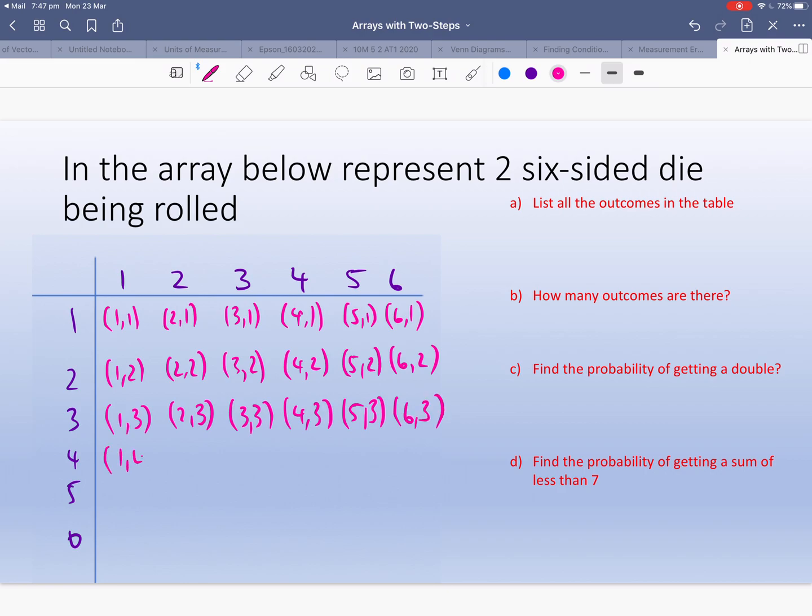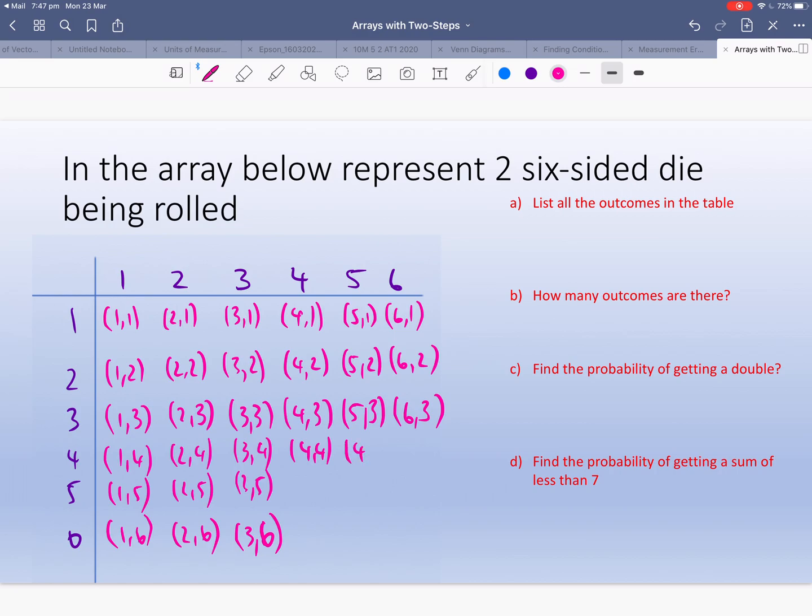And we go 1 4, so we can go either way. And 1 6, we go 2 4, 2 5, 2 6, 3 4, 3 5, 3 6. In all of these, there's a certain pattern that occurs.